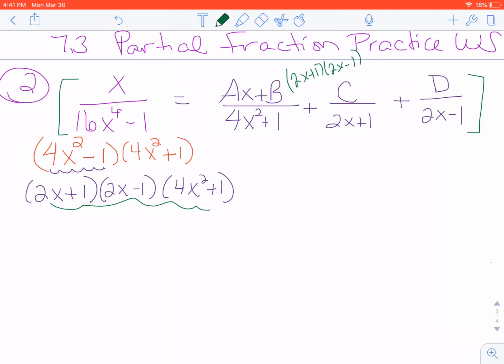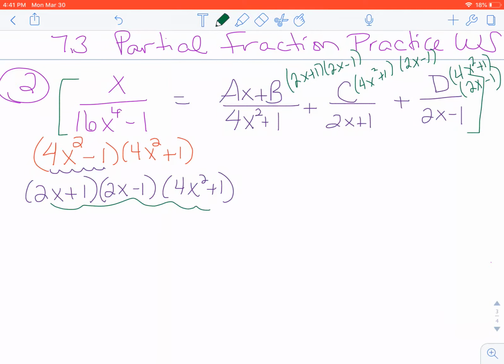The next fraction has 2x plus 1, but it's missing 4x squared plus 1 and 2x minus 1. The last fraction has a 2x minus 1, but it's missing the 4x squared plus 1 and the 2x plus 1.